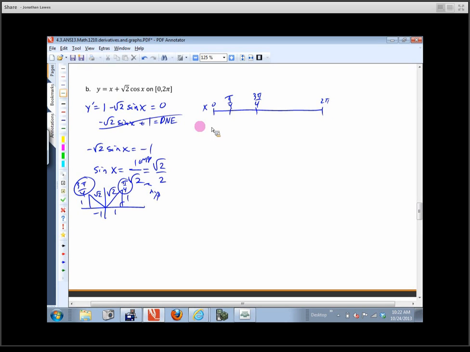So the reason these are on there is because the derivative is 0 here and it's 0 here. So all I need to do is pick a number here, here, and here, and figure out what the sign of the derivative is. There are several different ways to do that. Let's take a look at this right here. So y prime is equal to 1 minus radical 2 sine of x.